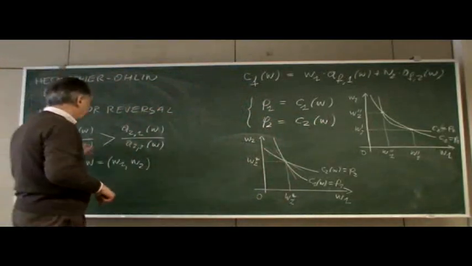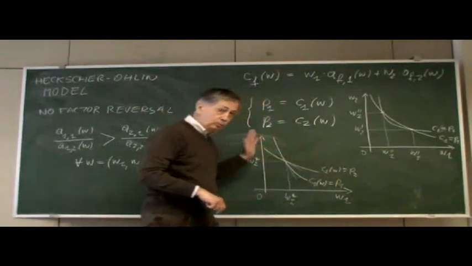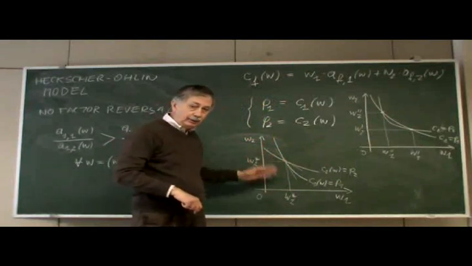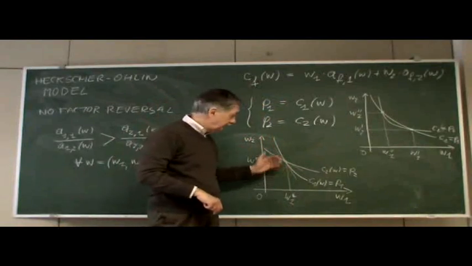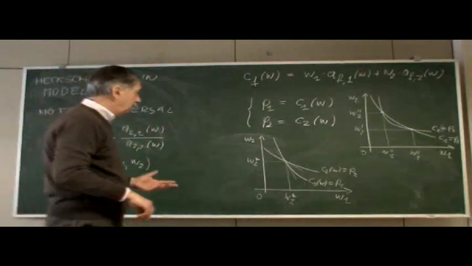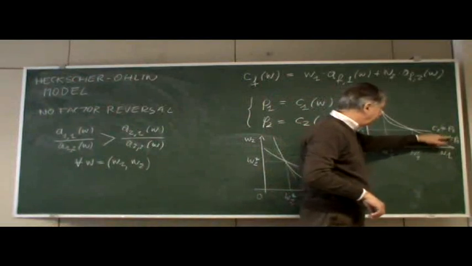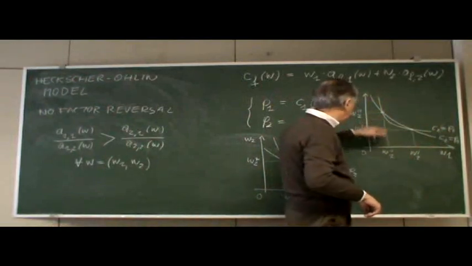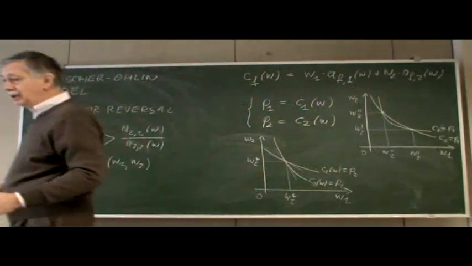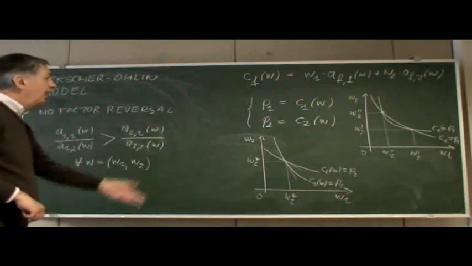So, in the case in which this property is not verified, it is not possible to deduce univocally the equilibrium factor prices from the product market prices. Because in this case, given the international prices of good 1 and good 2, there are at least two possible factor price vectors which are compatible, so to speak, with the pair of product prices.